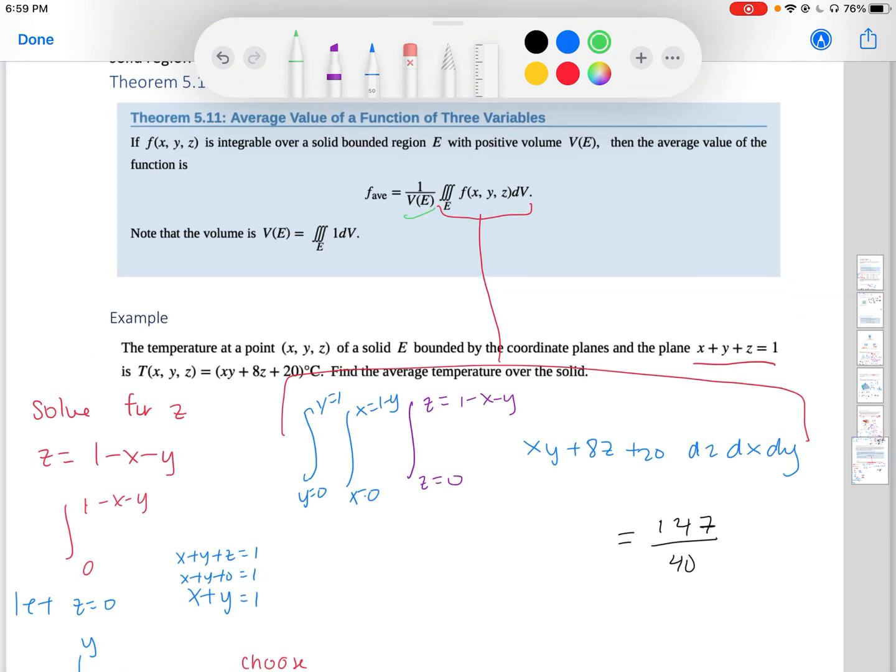Now we're left to find this other part. For that, we use the same bounds of integration, but we do it over 1.